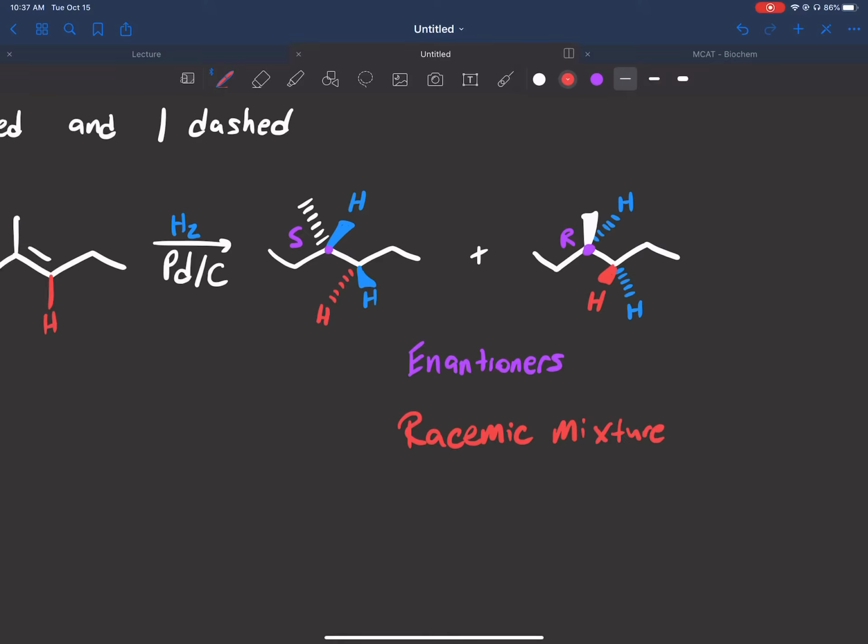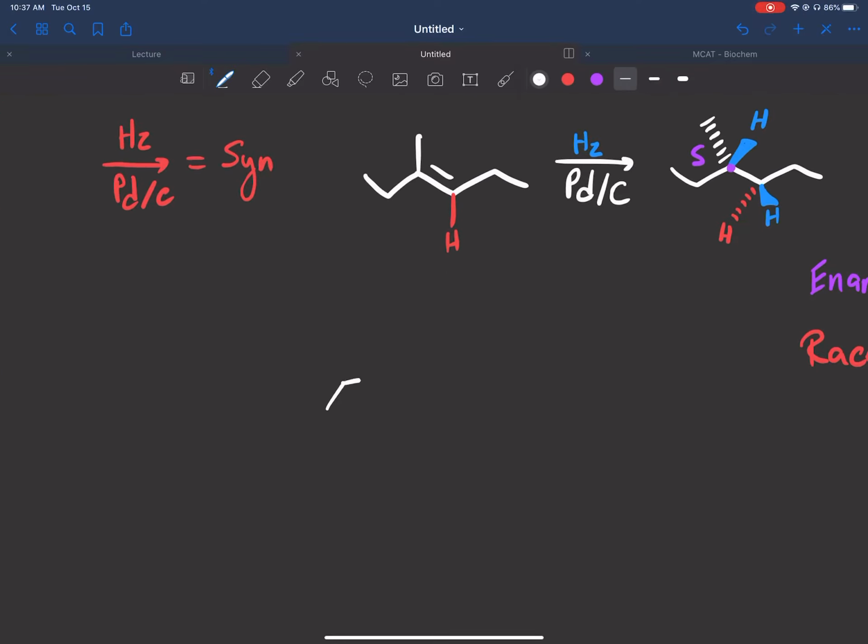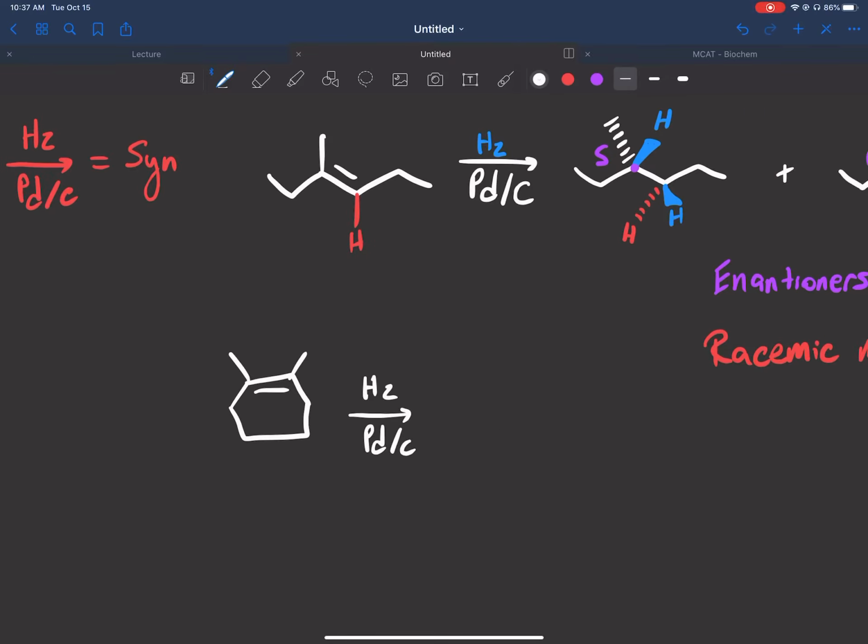All right, so let's try another example of syn addition using the same H2, Pd/C. So we have this molecule. Okay, and so now let's again change the color of those hydrogens.